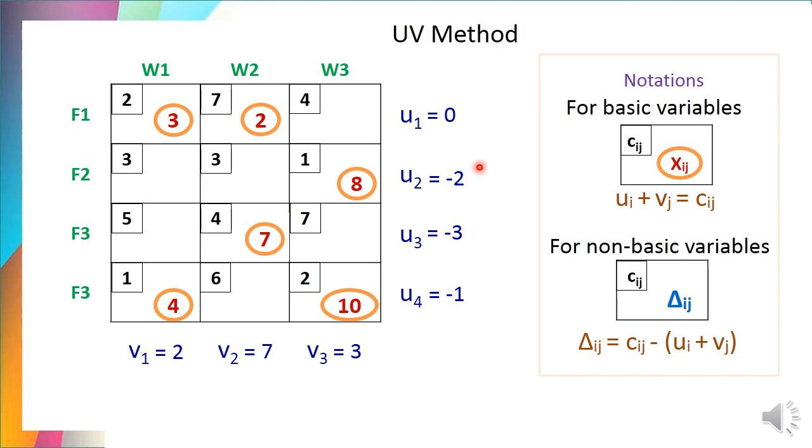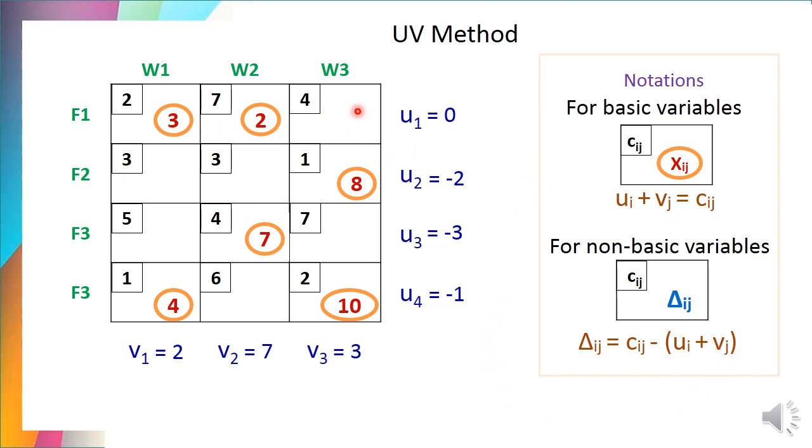Once we got the values for u's and v's, we need to find out delta ij for the non-basic variables. Here non-basic variables are nothing but unoccupied cells. For non-basic variables, we are supposed to find out delta ij. Delta ij is found by using the expression delta ij is equal to cij minus (ui plus vj).